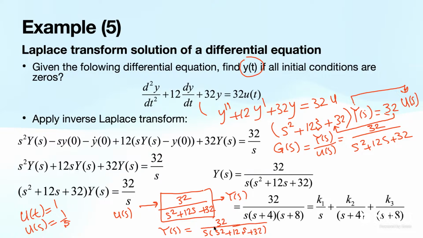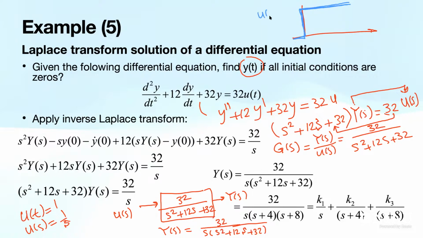For the step input, we are assuming that u of t equals 1, which is a step input, because as I told you, the unit step response is very important. I have a system, and I need to check the response of the system against a unit step. So this is my unit step.